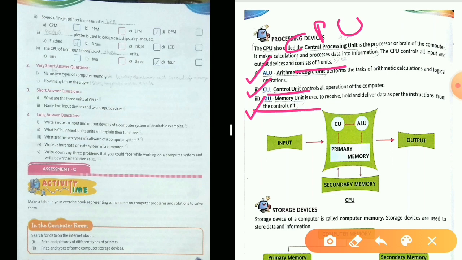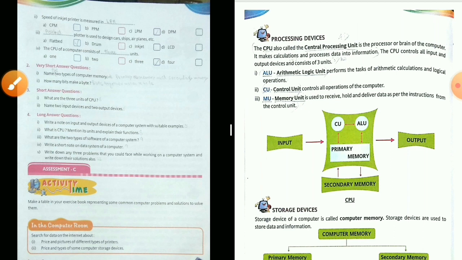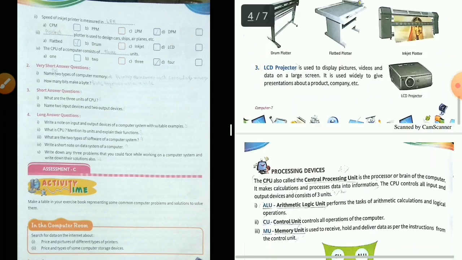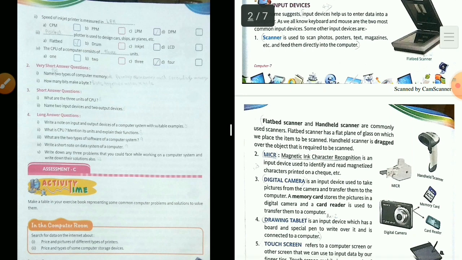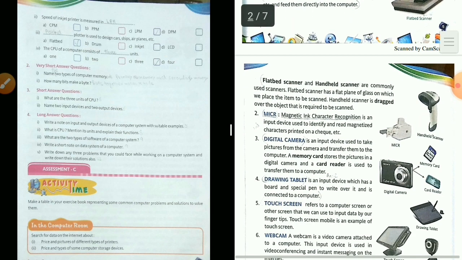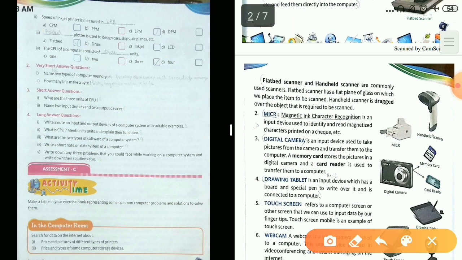Okay, now see the second point. Name two input devices and two output devices. Only you have to name any two input devices as well as any two output devices. So you are having a bundle of input devices over there. You write down any two. Better to write down this one. See the second one, MICR, with the expanded form.